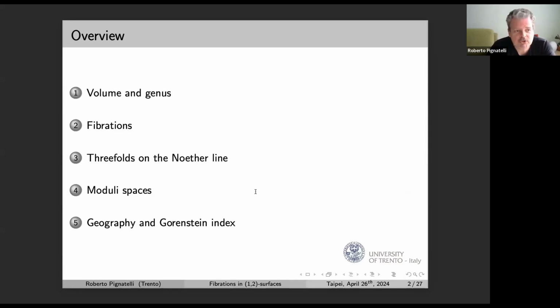So not only fibrations in 1-2 surfaces, which is maybe the main subject of the talk, but a little bit about the inspiration of the work, the main idea behind the work, which comes from the theory of surfaces and the genus 2 fibrations.